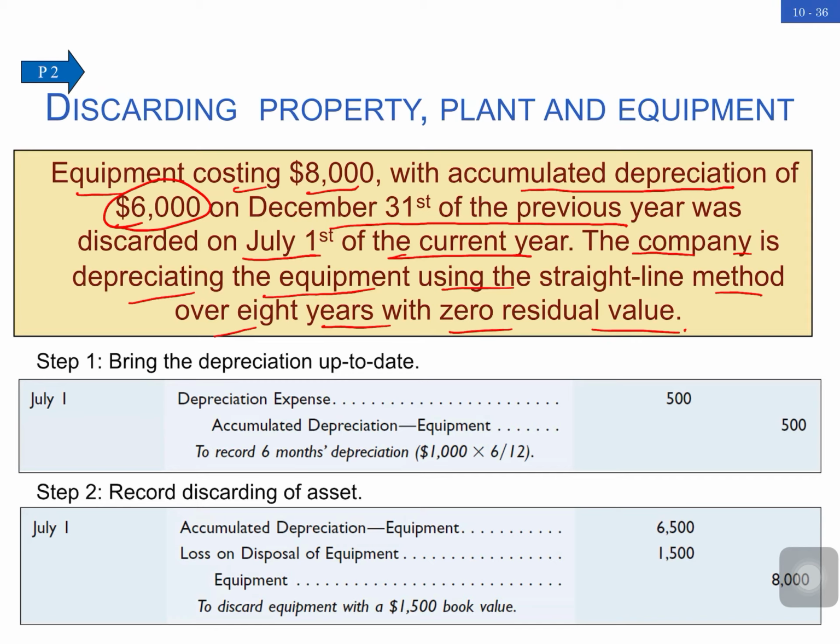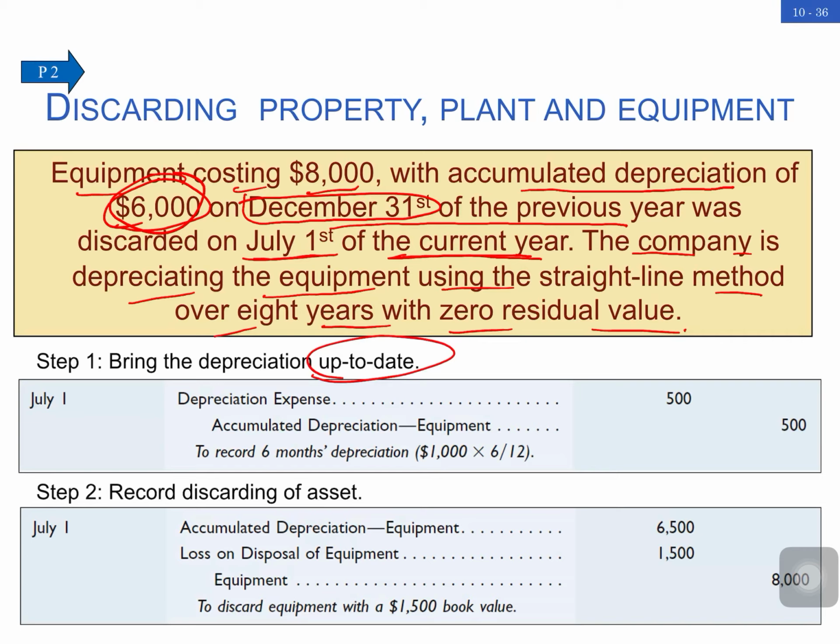So step 1, what you need to do, first you have to update the depreciation expense. Because this 6,000 is only until December 31st of last year, but you discard this equipment on July of this year.